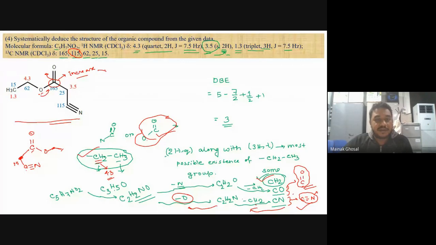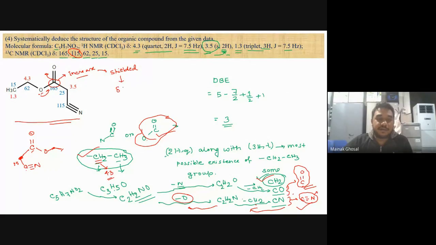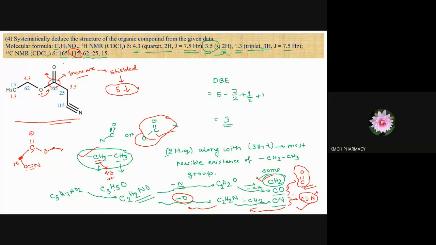If electron density is increased, it will be more shielded, right? And if it is more shielded, then its delta value will be decreased. That is what you are seeing here. Got my point? Almost the same thing has to be explained if you have a carboxylic acid group or an ester group. Thank you.